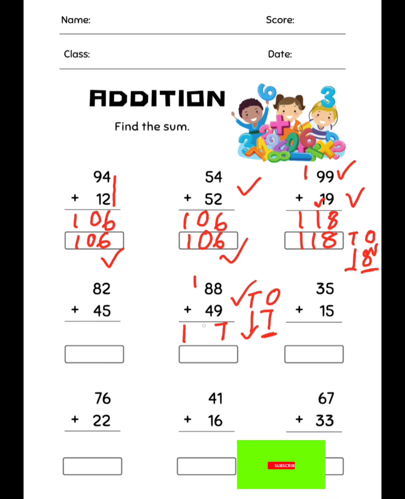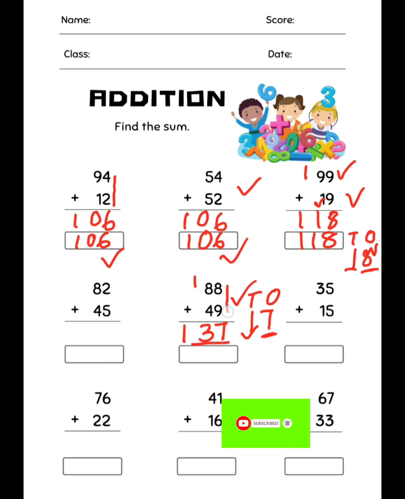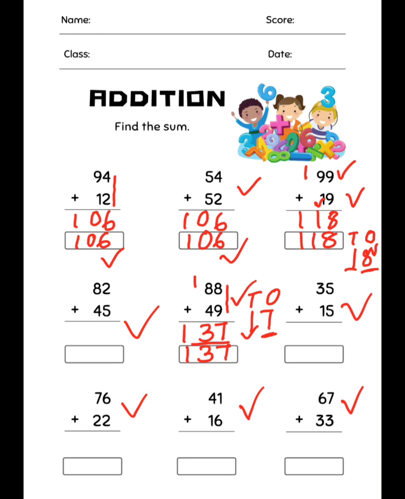Okay. So we are going to write like this because it's a 3-digit number and these are 2-digit numbers. So we got 137. Okay. The rest of the additions you are going to do and comment me the answers.